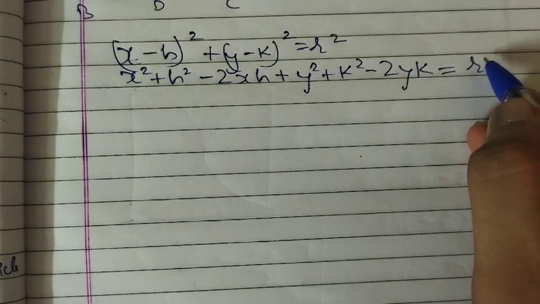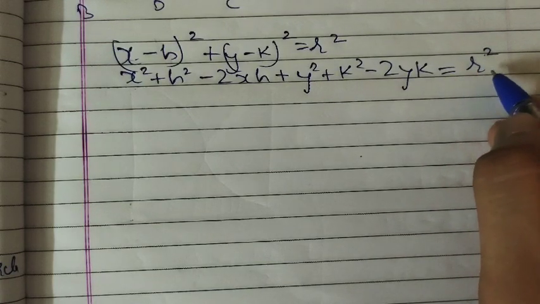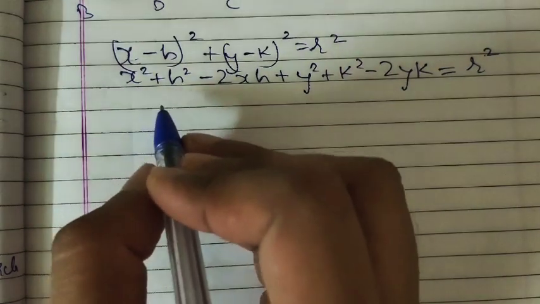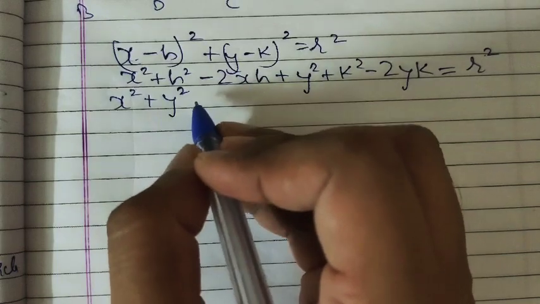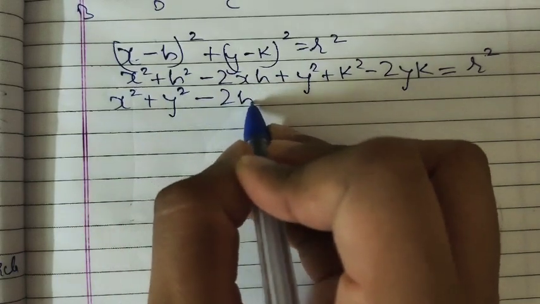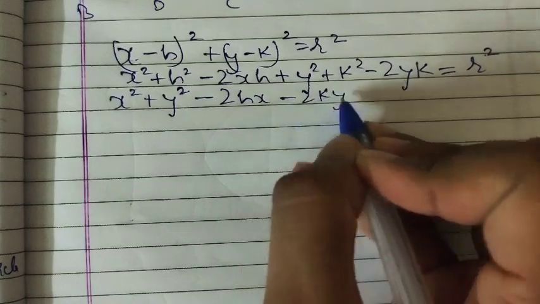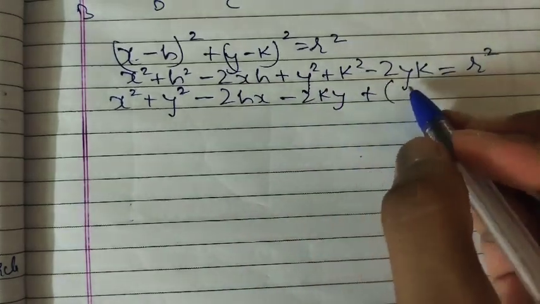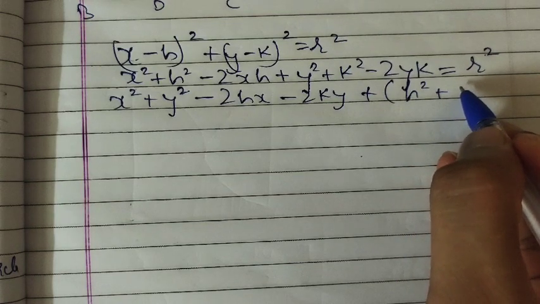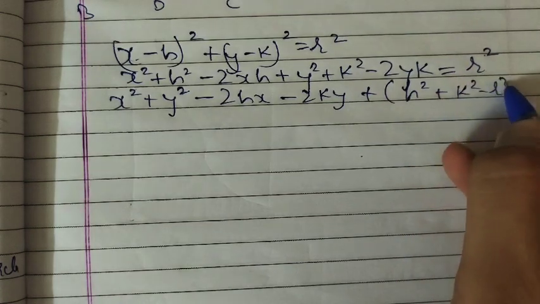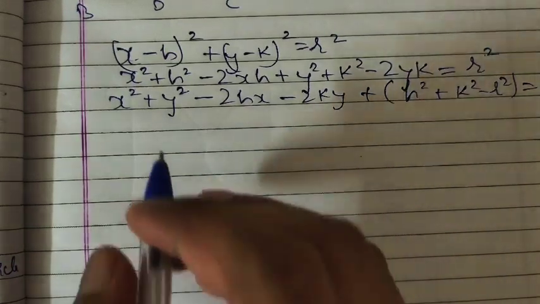Now if I say this is x square plus y square minus 2hx minus 2ky plus (h square plus k square minus r square) is equal to 0, right? We can say this.